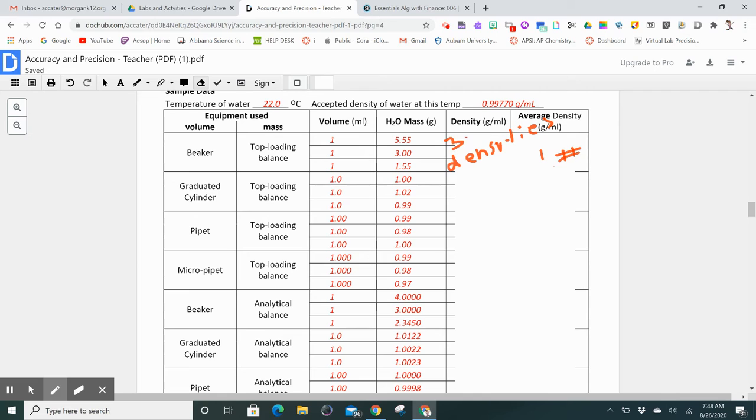And that's pretty much it. As far as decimal places, probably 2 decimal places is all you're going to need to carry out. So just round it to 2 decimal places.